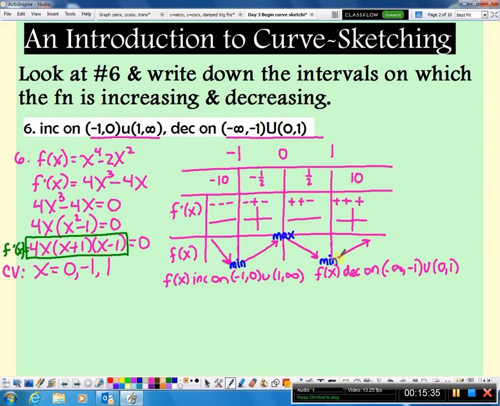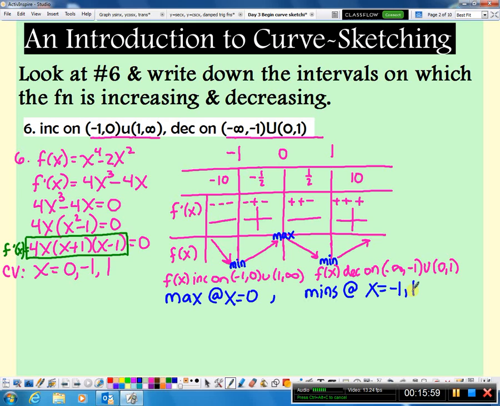So I can say that I've got a max at x equals 0, and I've got mins at x equals, it looks like -1 and x equals +1. So if all I ask you was to name the x values at which the extrema occur, you're done.